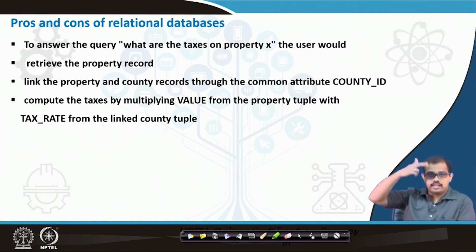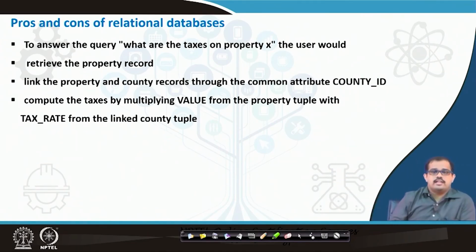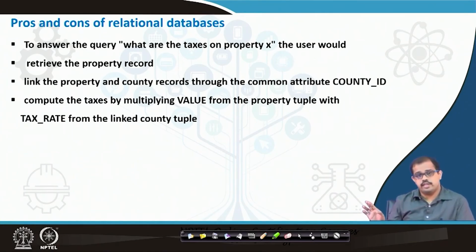That is what the user has to do. It doesn't give you the output directly; it gives you the entire table, where you probably have to use data manipulation languages or add an attribute to that table.